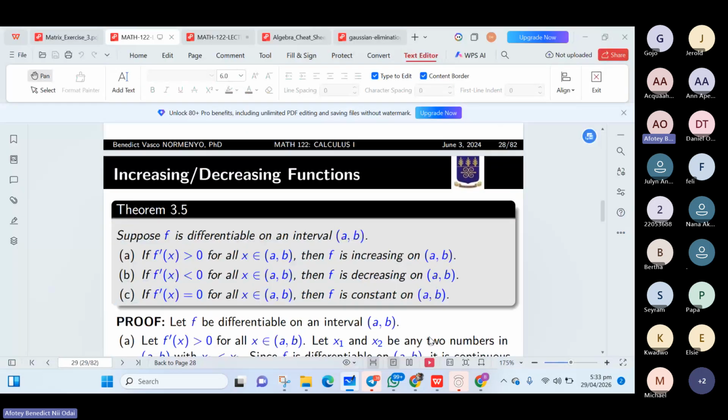If f prime of x is a positive function, or you put in your x and you get a positive number, which is of course greater than 0, your function is increasing.